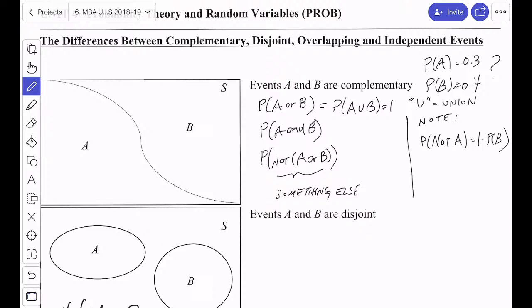I wrote it wrong. Let me do that again. The probability of A is equal to 1 minus B. That's what I meant to say. The probability of not A, what would be the probability of not A? Just some practicing with the terminology.